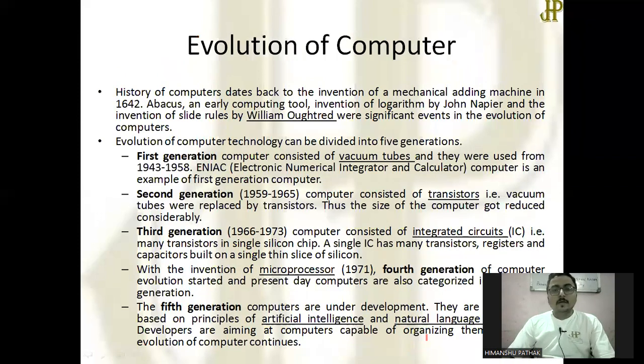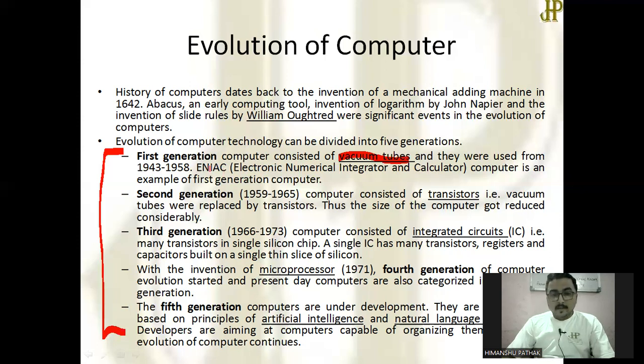Next, the evolution of computer, meaning the history of computer. Nowadays the capability of a computer or laptop is very high, but in earlier days that type of processing was not available. So basically there are 5 generations of evolution. First generation is considered for vacuum tubes.